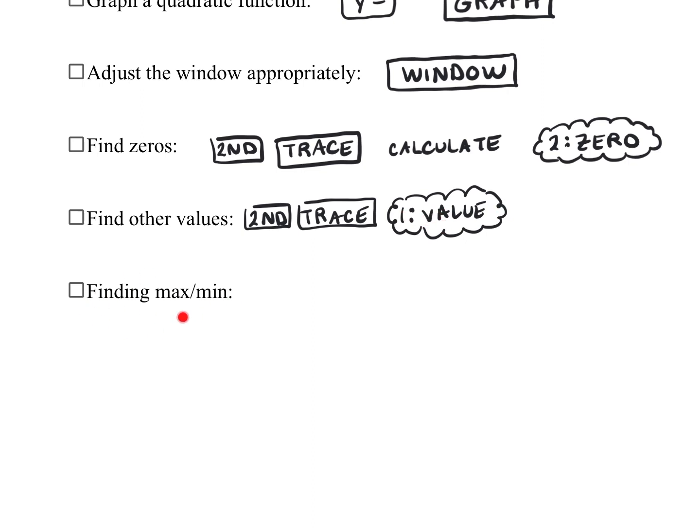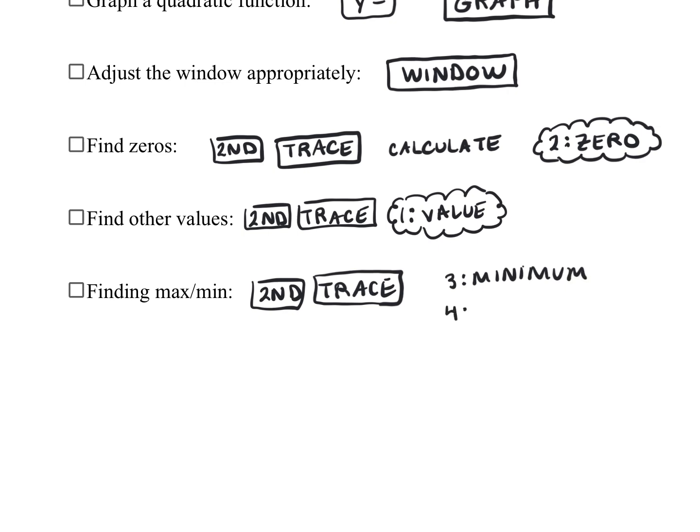And then another super useful thing that we've talked about in a previous lesson is finding a max or min. So again, we go to our trusty second trace. And then from there, we will either select option 3 for minimum, depending on the context of the problem and what they're asking for, or option 4 for maximum.